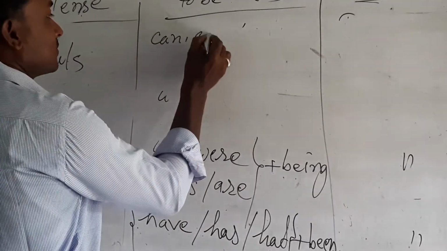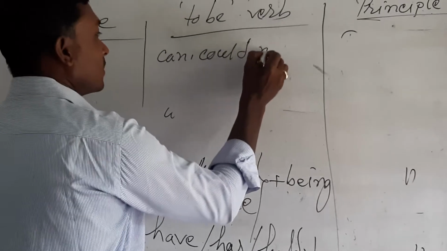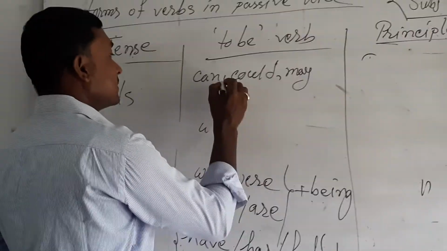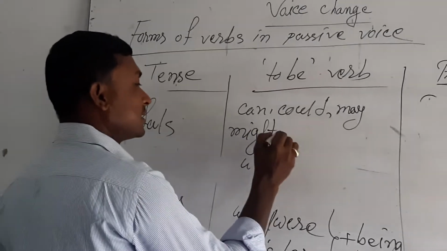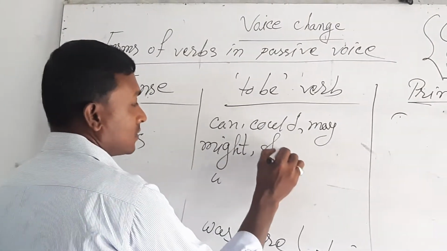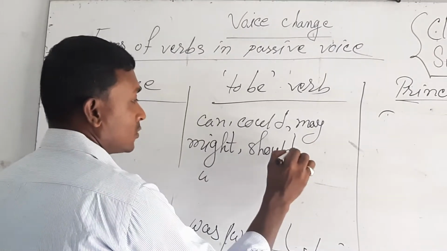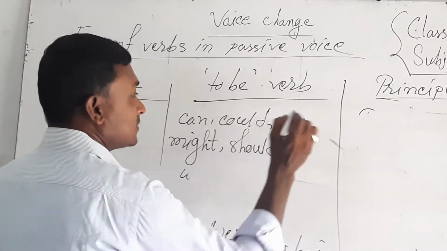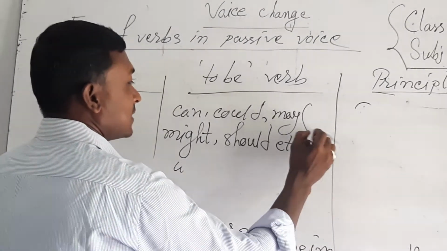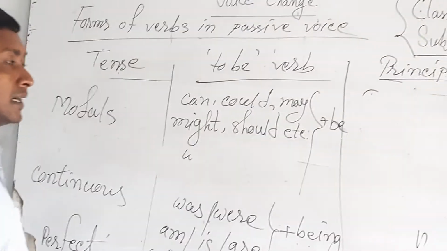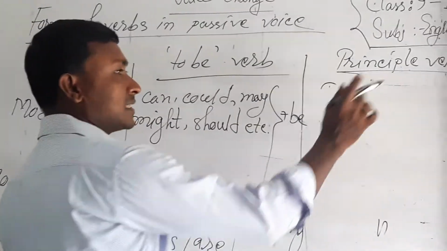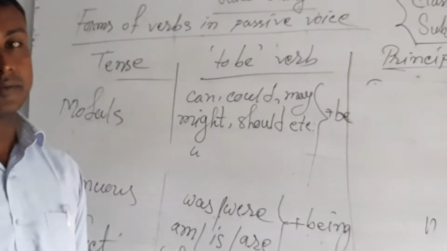Can, could, may, might, should, etc. They take be with them, and the principal verb will take past participle form.